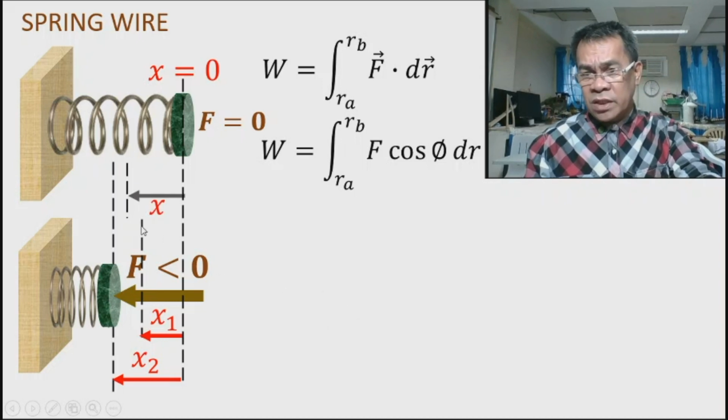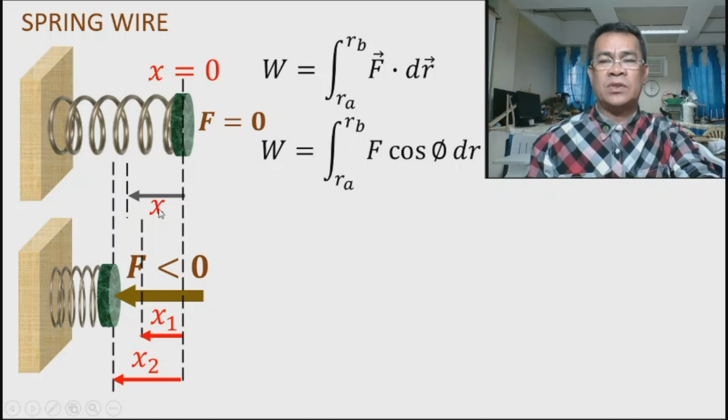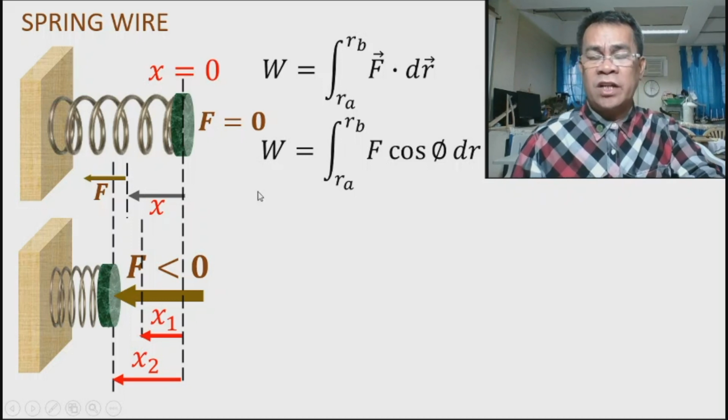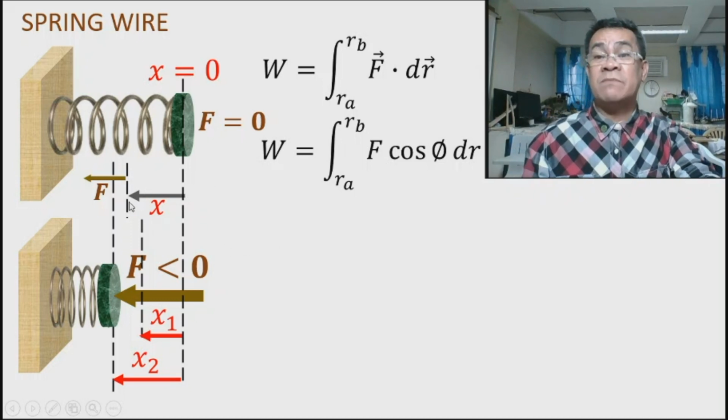At any point within this displacement from x1 to x2, call it x without subscript. At any point from initial towards final, call it x. Now take note that we applied a force on it towards this direction. Remember that we have an infinitesimal change in position.